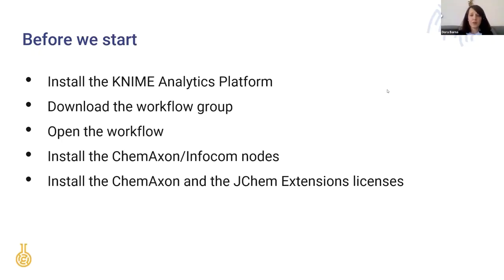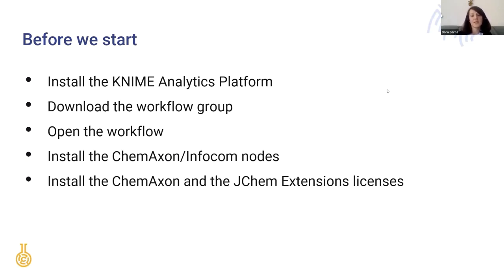Before we start and see what we built for you for today, some notes and information about setting up the workflow on your own computer. First and foremost, please install the latest version of the KNIME Analytics Platform if you don't have it yet on your computer.